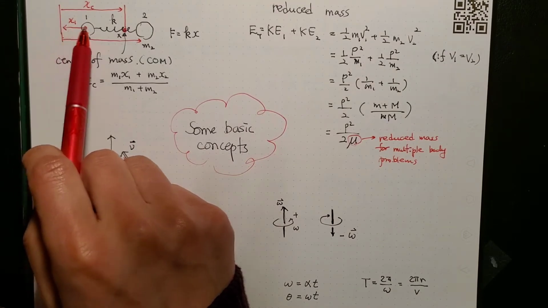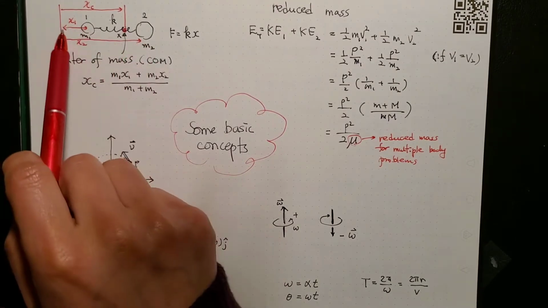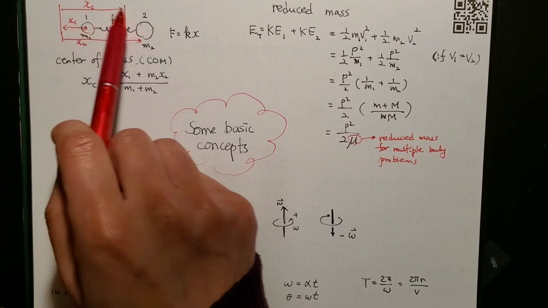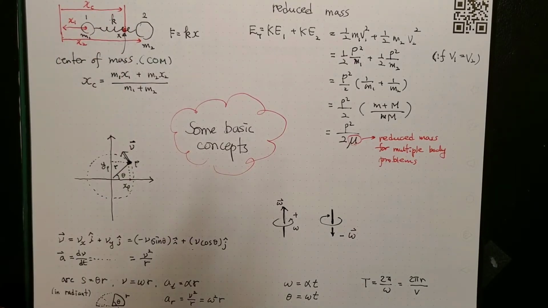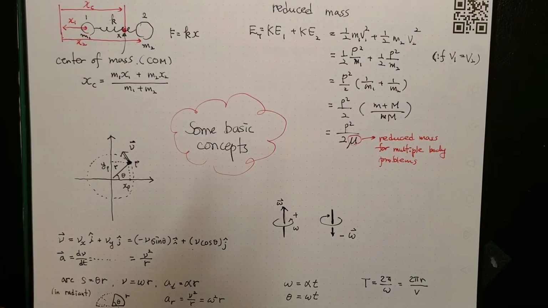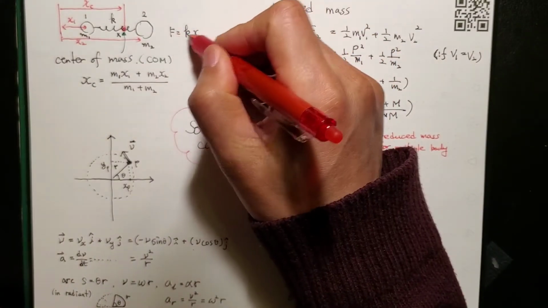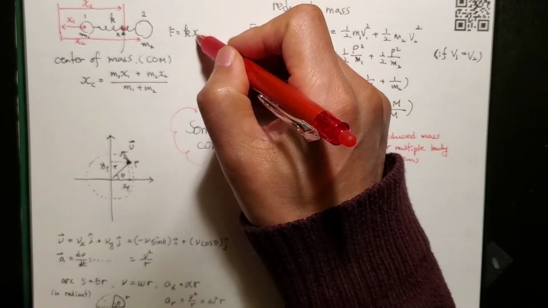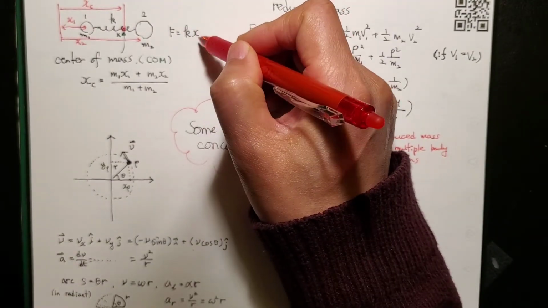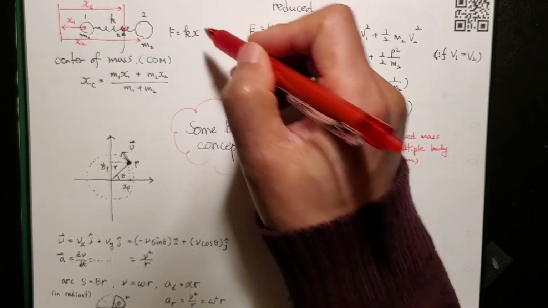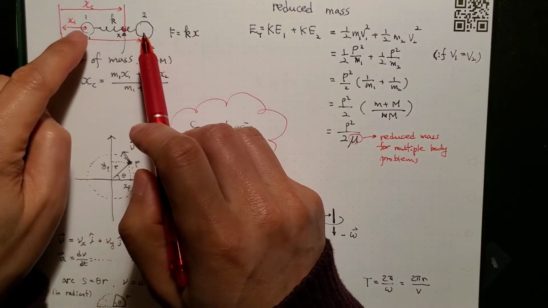To find the exact location mathematically, you have distances x1, x2 from a certain imaginary point, and then you put the center of mass as a distance from the same origin. Then this is the mathematical formula, and here the x is not actually the distance of the center of mass, but the bond length.